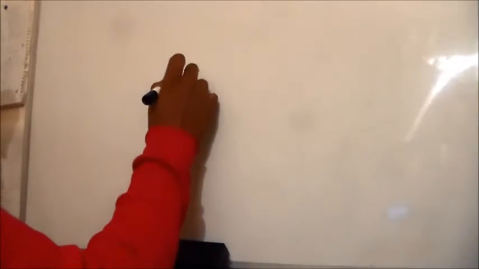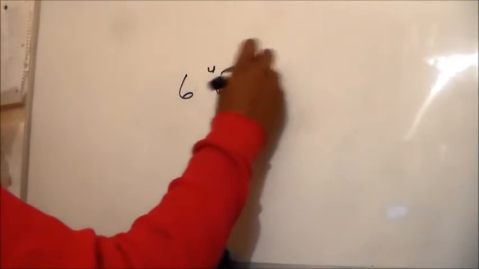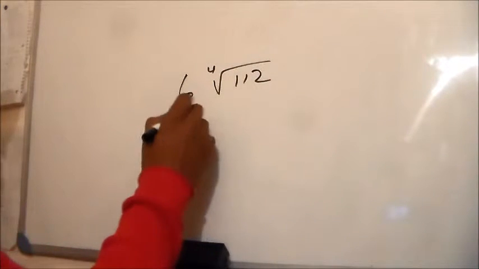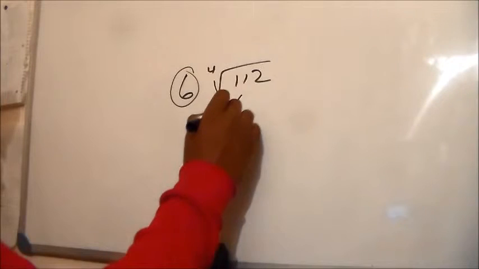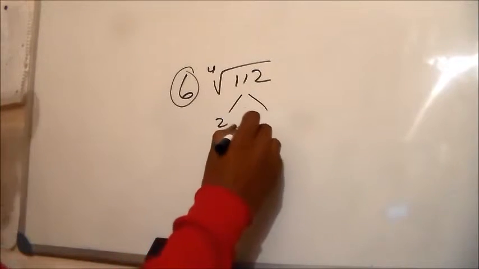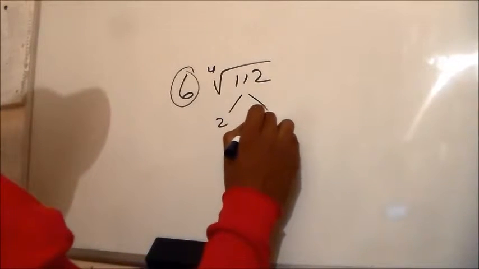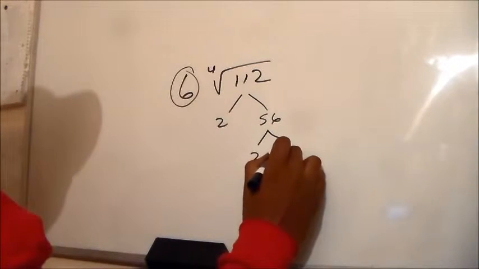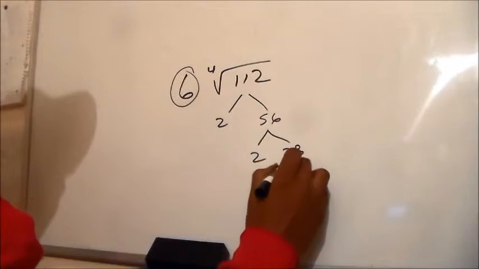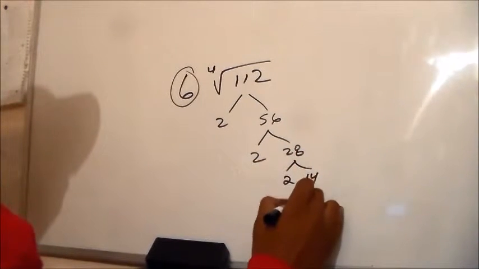Let's see, 6 fourth root 112. Don't worry about the 6 right now. We're factoring this down, we're breaking this down. 56, 28, 14.